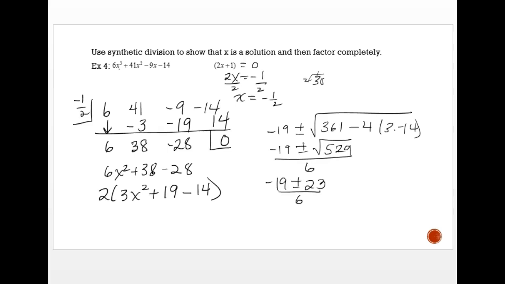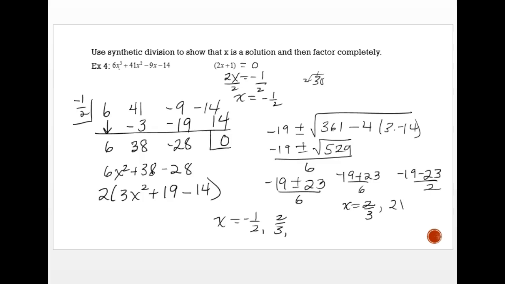So we can figure this out. So negative 19 plus 23 over 6, negative 19 minus 23 over 6. So that gives 4 over 6, which is 2 over 3. So my roots are negative 1/2, 2/3, and a positive 21. That's a crazy one. Oh, that'd be negative 21, sorry.